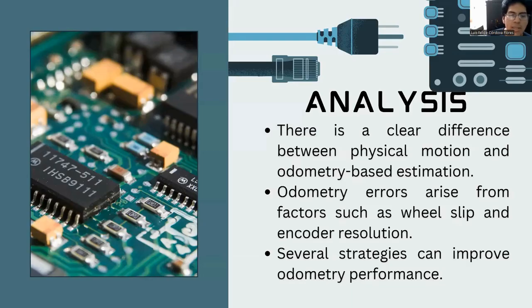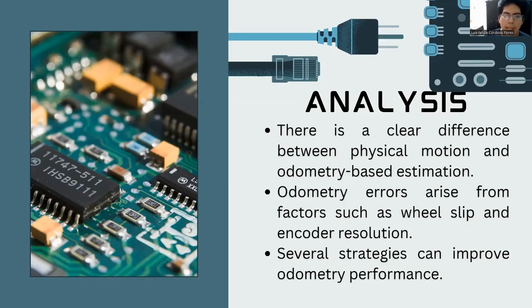Second point is that odometry errors arise from factors such as wheel slip and encoder resolution. This means that wheel slip creates systematic errors during turns, while low encoder resolution leads to quantization effects. Both contribute to accumulated drift and an inaccurate estimated path.